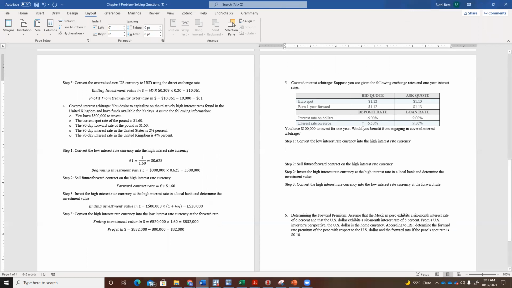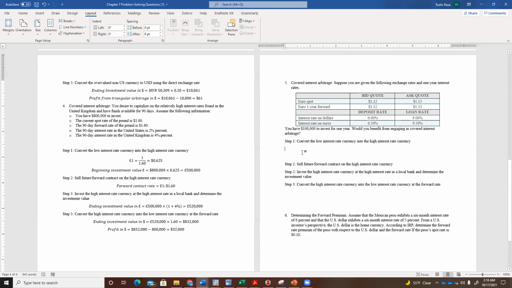Again, we are going to follow the same steps. We are going to convert US dollar into euro, and our investment value is $100,000. And here, based on the spot rate, we know each euro is equivalent to $1.12 if we want to sell, and if we want to buy, it is $1.13. So in this case, we are going to buy, right?